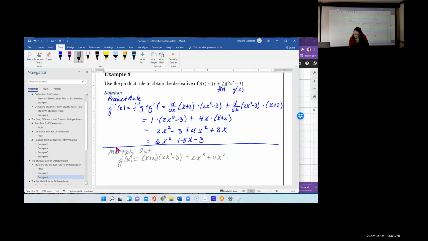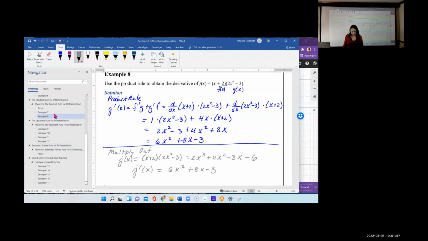On the outside, I have a minus 3x. And for the last, I have a minus 6, right? So I got 2x cubed plus 4x squared minus 3x minus 6. Then when I take the derivative, I can do it directly using the sum and difference rules. And I get 6x squared plus 8x minus 3. Remember, the derivative of a constant is 0. All right, I get the same result.